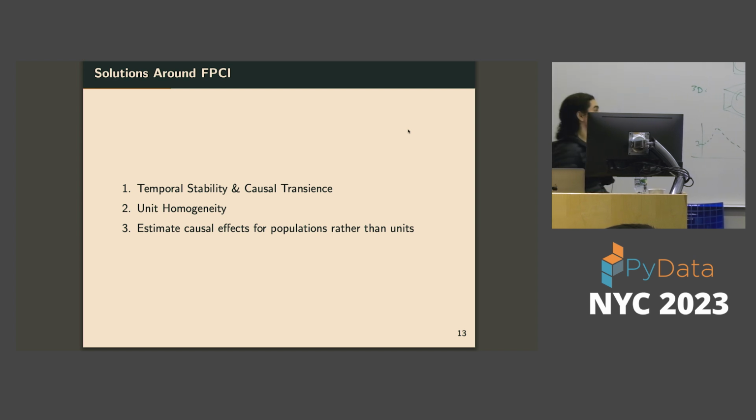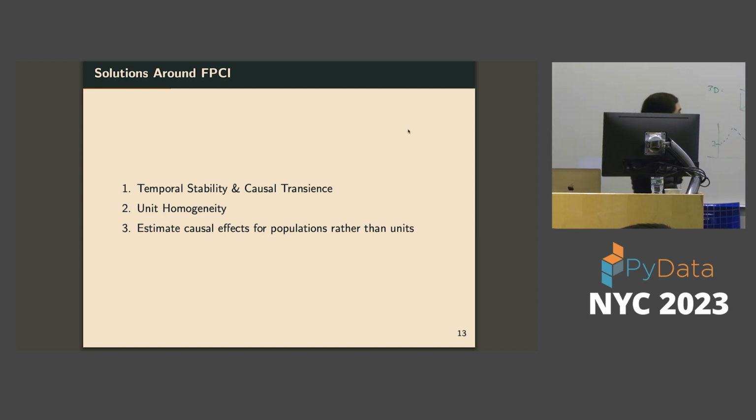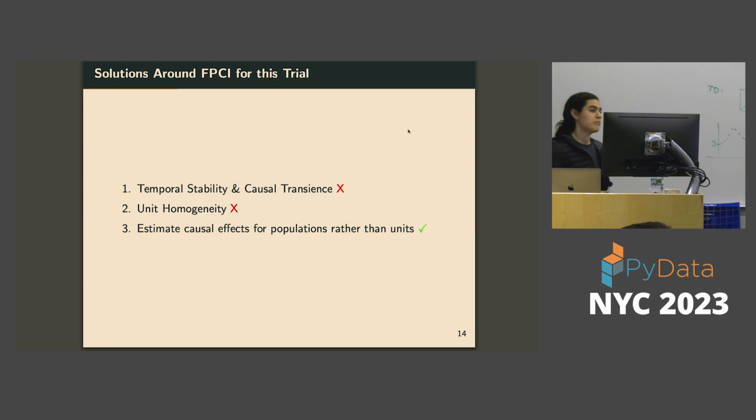And so lastly, a solution around the fundamental problem of causal inference is to estimate treatment effects using populations as opposed to units. In this problem, and in most problems involving humans and households, the third option can be used, but the first two options we cannot use.